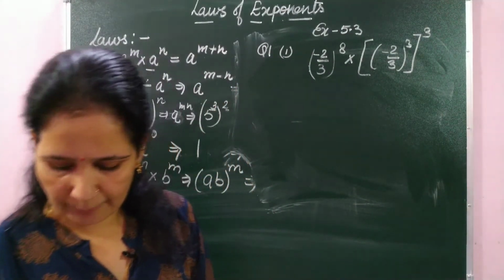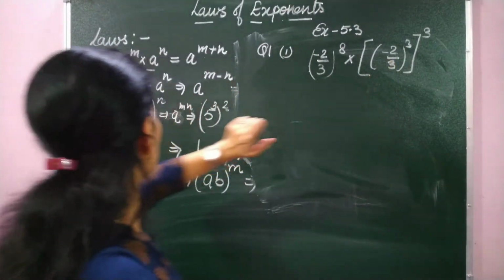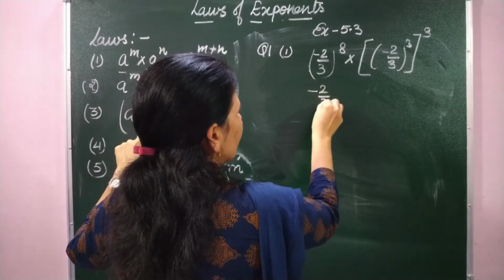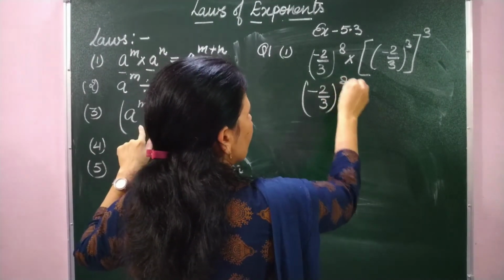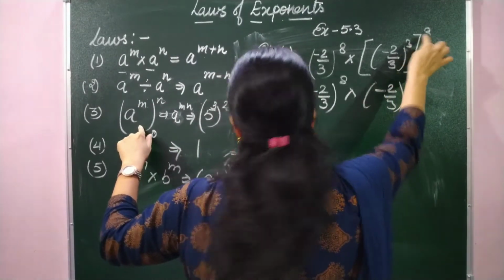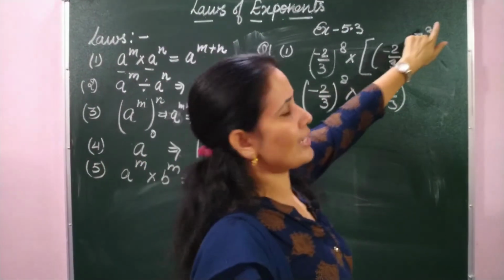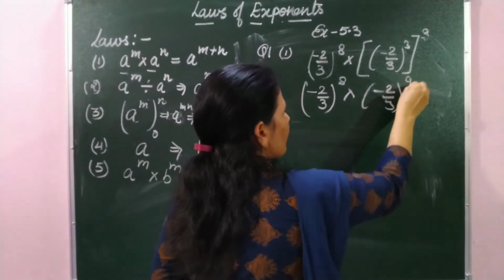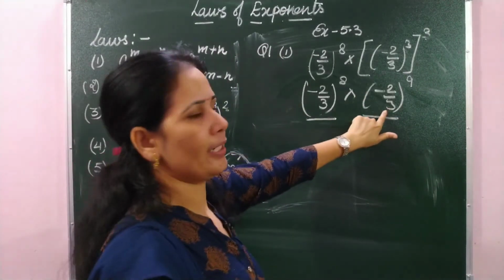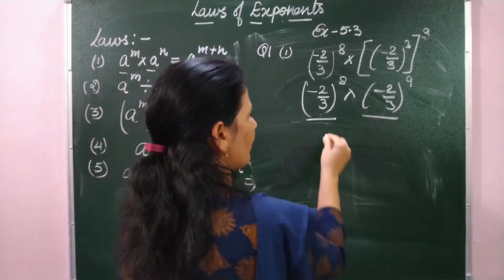So students, here we will apply a rule. Which rule is applied here? This is rule number 3. So how to solve this one? Minus 2 by 3 raised to the power 8, multiplied by minus 2 by 3 to the power 3 whole power 3. According to rule number 3, the powers will be multiplied. So 3 times 3 is 9. Now students, here we can apply rule number 1. How? Minus 2 by 3 and minus 2 by 3: the bases are the same. Whenever the bases are the same, then the powers will be added.